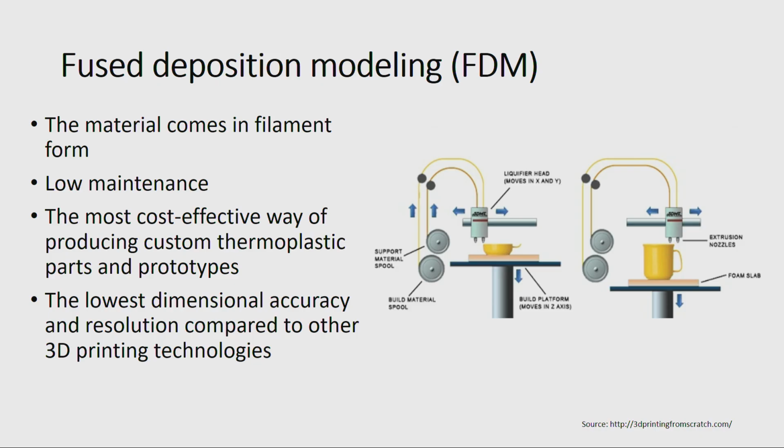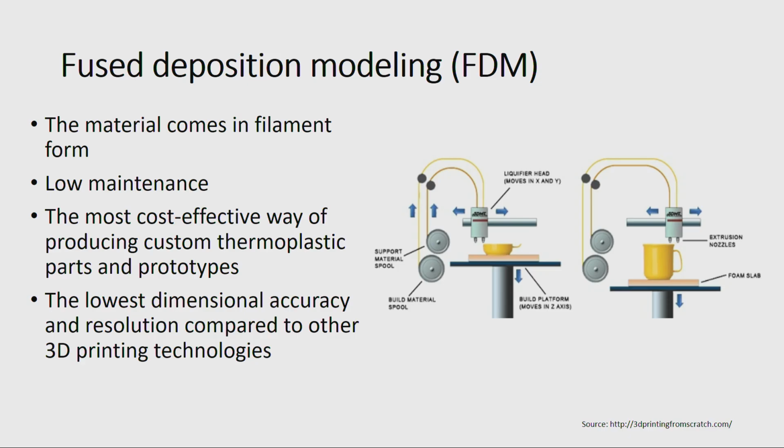The first type I am going to explain is the fused deposition modeling 3D printer. The material will be stored as a filament, and the filament comes in a roll form. So, the 3D printer will take the filament from the roll, heat it and deposit it on a surface.